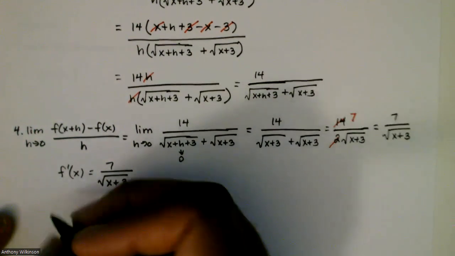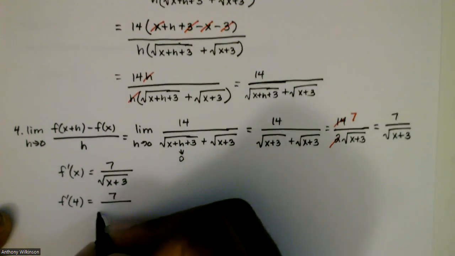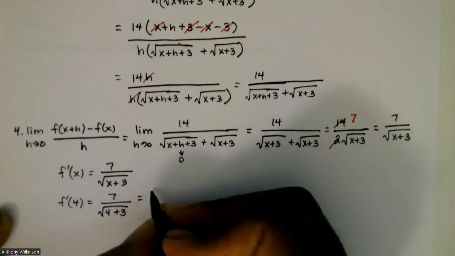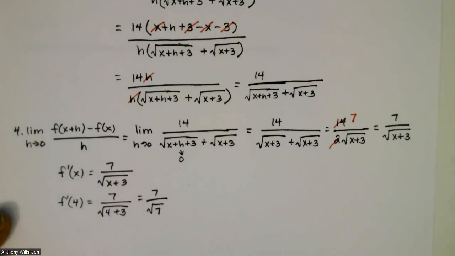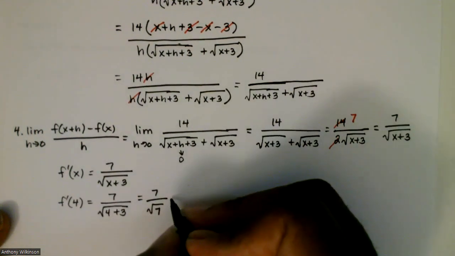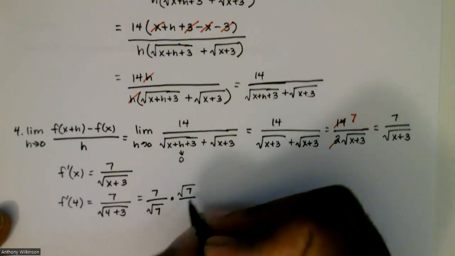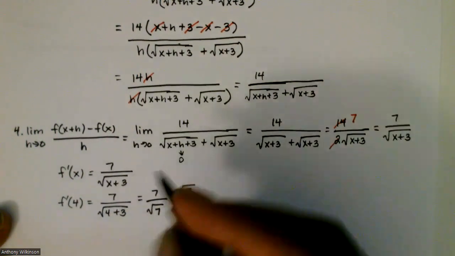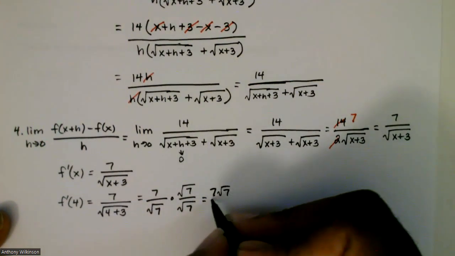All right, starting with f prime of 4. This will be 7 divided by the square root of x, which is 4, plus 3. So I have 7 over the square root of 7. They may ask you to simplify this a bit by rationalizing the denominator. So we would multiply the numerator and the denominator by the square root of 7 because they don't want radicals in the denominator. 7 times the square root of 7 is 7 square roots of 7.